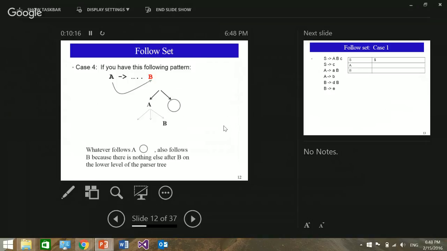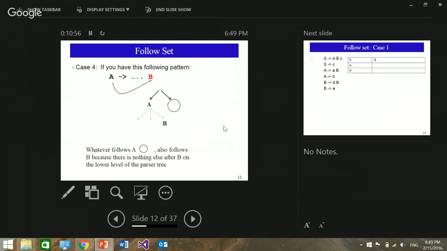Whatever follows the A, because A gets expanded into a subtree that has B at the very end, the rightmost node. So whatever follows the A also follows the B, because B is all the way at the end. So how do I use this knowledge? How do I use this algorithm?